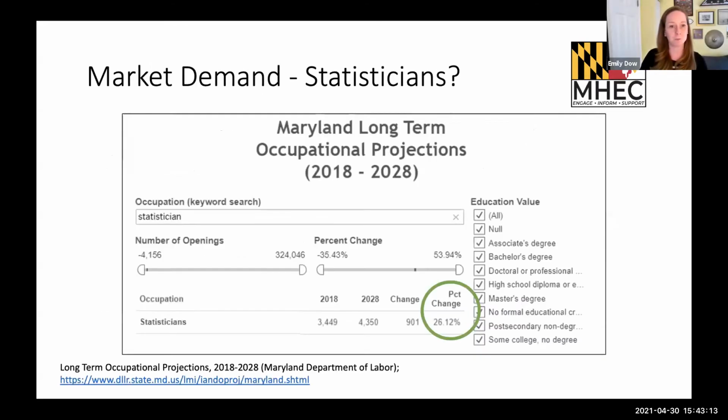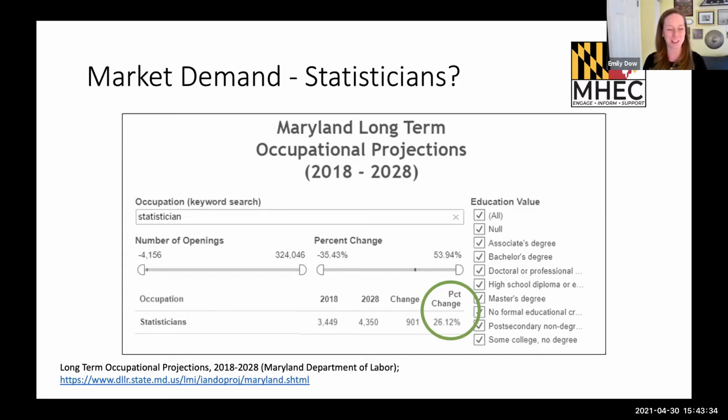Next slide, please. When we talk about market demand, and again, I know some of the presentations have highlighted a bit of this, unfortunately, despite the fact that the federal government, Department of Ed, has kind of caught on to data science and data analytics, our US Department of Labor has not yet quite caught up.